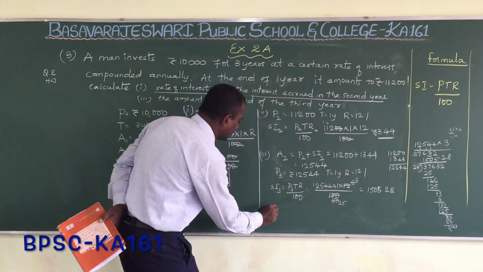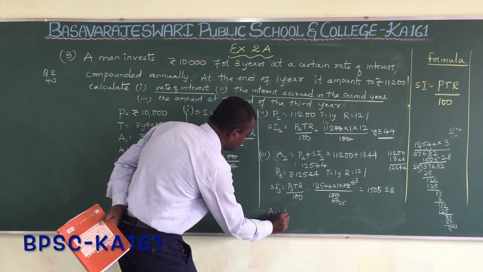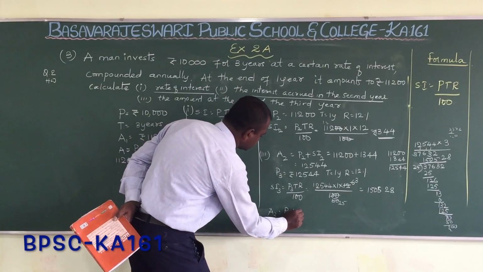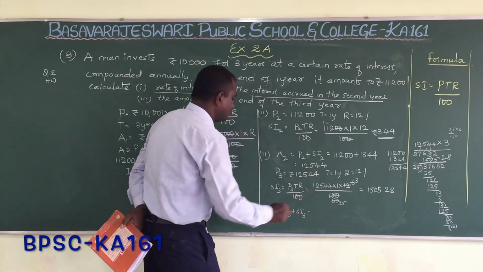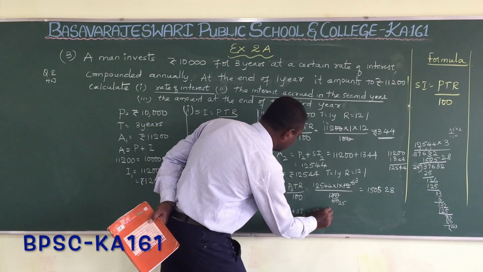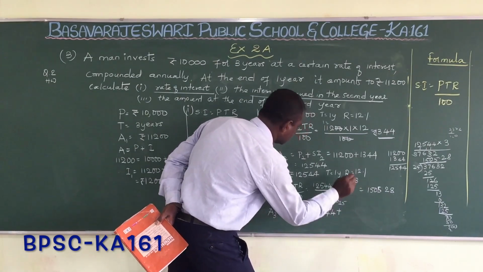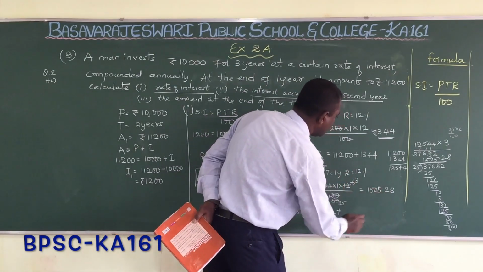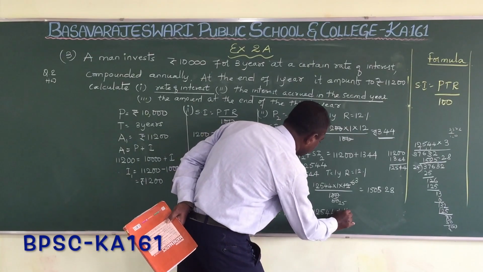So therefore, the amount at the end of the third year is equal to P3 plus SI3. P3 we got is 12,544 plus 1,505.28.